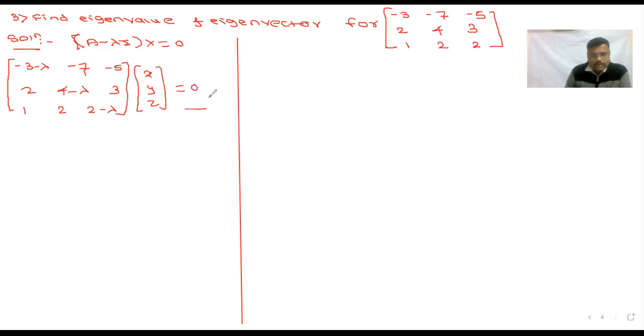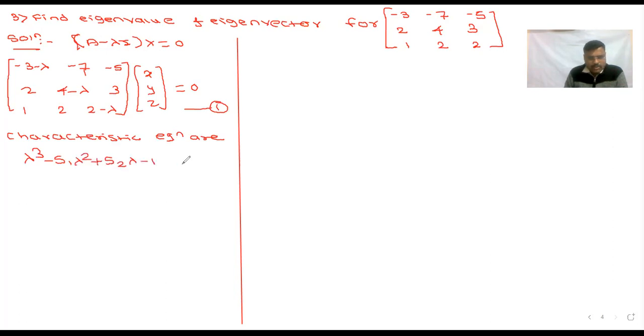Give this as equation number 1. So the characteristic equation is lambda cube minus s1 lambda square plus s2 lambda minus determinant of A equal to 0. So s1 we got 4 and 3, 4 plus 6 and 3, 3. s2 we got, and determinant we got. So the eigenvalues are.